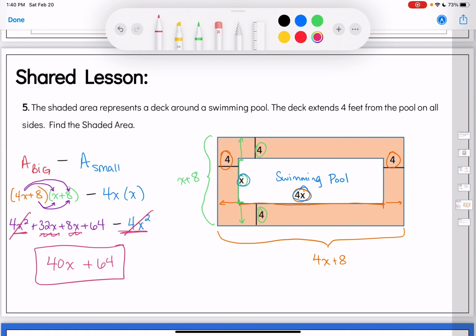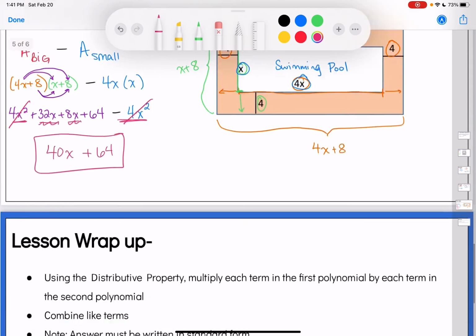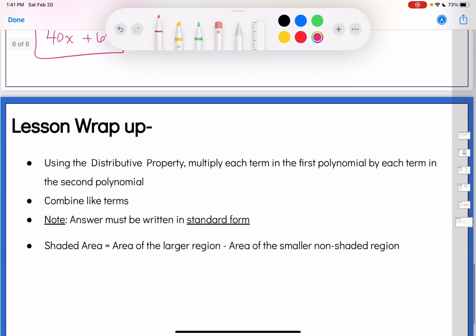All right, so hopefully you can see that real world situation for you when you're going to have to multiply polynomials. But just remember, multiplying polynomials, distribute, right? Everything in the first polynomial by everything in the second polynomial. Combine those like terms, write your answers in standard form. If you're trying to find shaded area, take the area of the big one minus the area of the small one, and there you go.